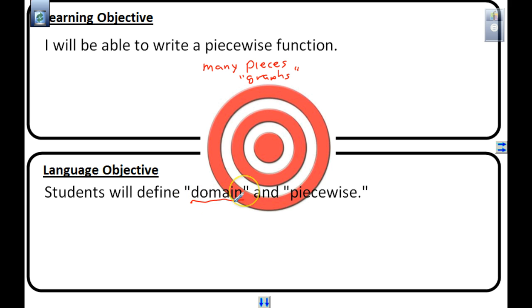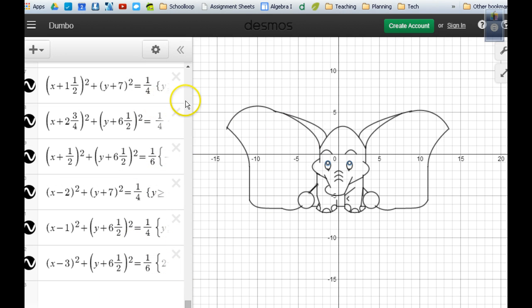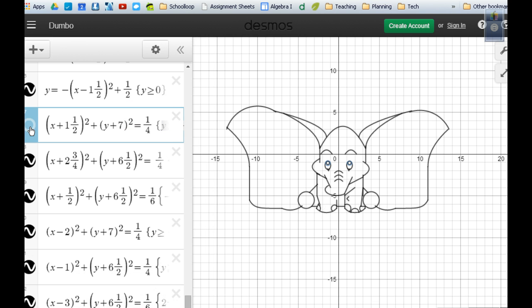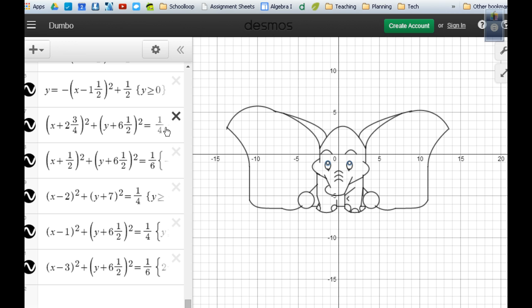And we talked about domain before. Domain is that part of the graphing that says, I want to graph it, but I only want to graph it for, say, y bigger than 7. It doesn't work if I don't have certain restrictions.